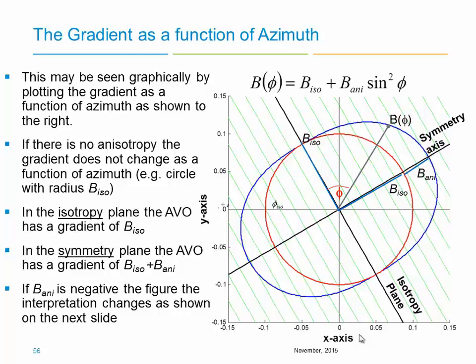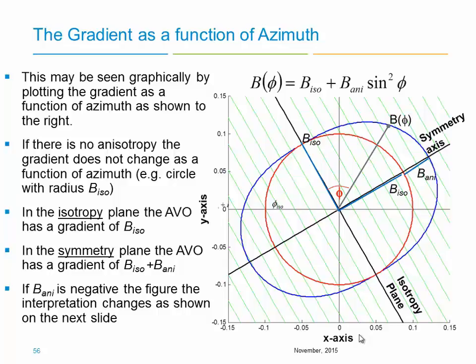If the material is anisotropic, you get what appears to be an ellipse. Essentially, the circle gets perturbed, and if you have a positive B ani, along the major axis you're going to have a perturbation, and then along the minor axis, which is the isotropy plane, there will be no perturbation. The gradient will be the same.